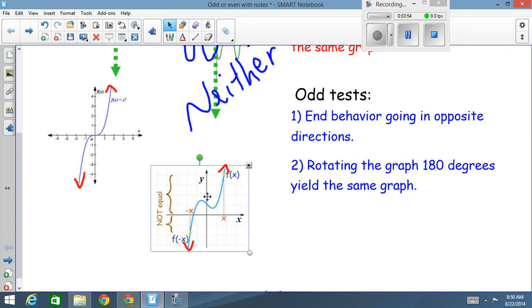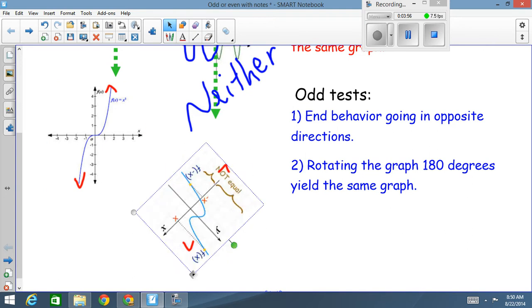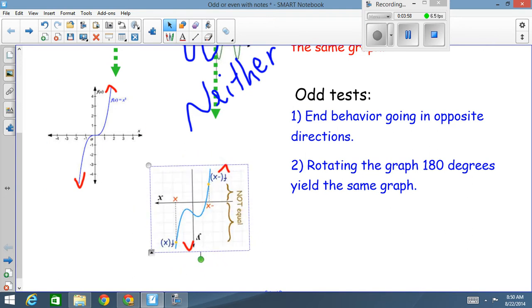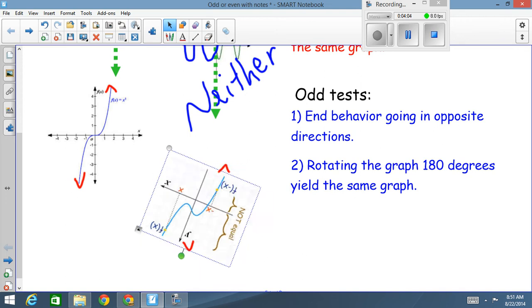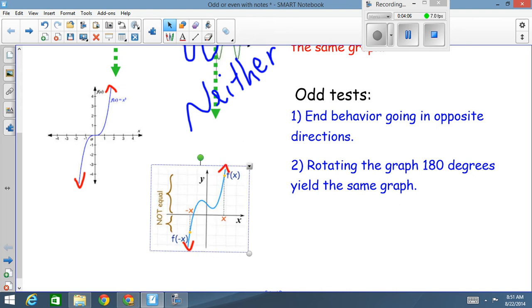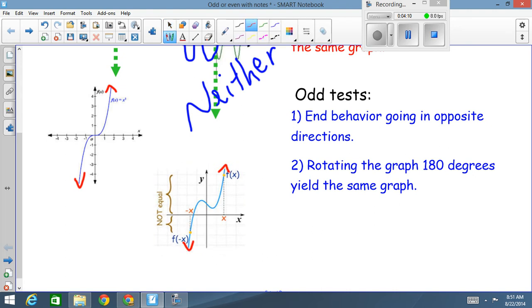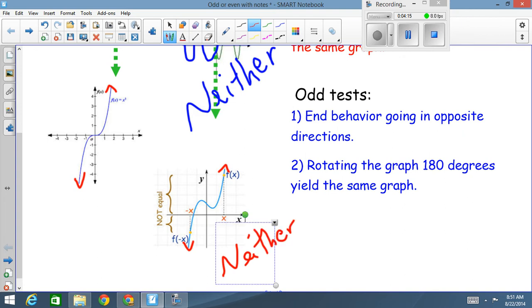If you look at example 2, though, when I rotate this thing upside down, I do not get the same graph. You see how where I have my arrows, it doesn't match up with my graph. Okay? So you don't get the same graph, therefore this is a neither. You can also judge this by looking at distance of points as well.